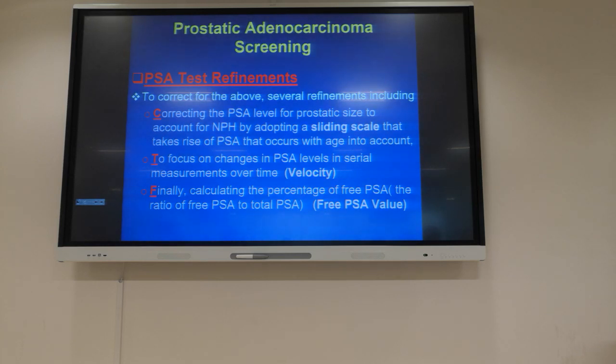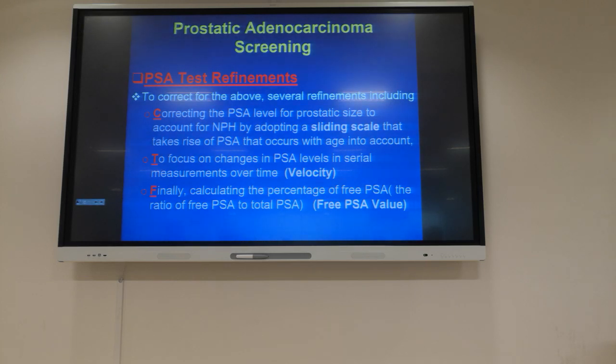Another one is to look at the speed with which the PSA has increased over a period of time, as I mentioned in the beginning. If it increased by 0.9 nanogram per milliliter over a year, you don't care where the value is, because that PSA is already suspicious and you need to intervene and do a biopsy.